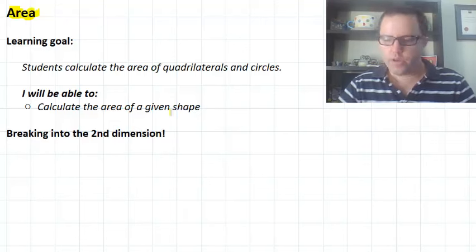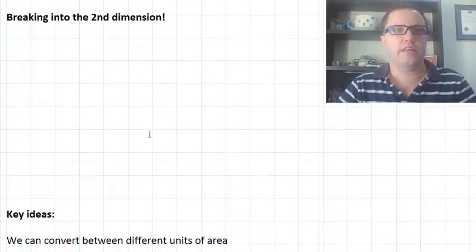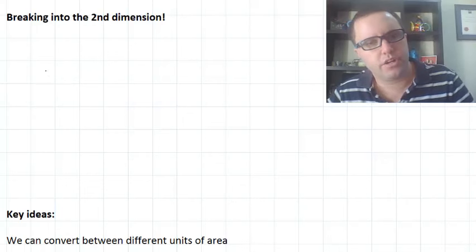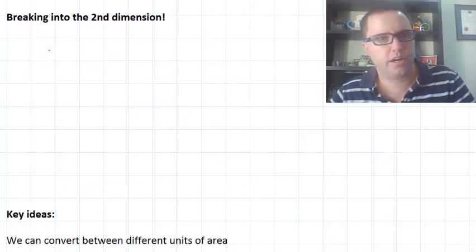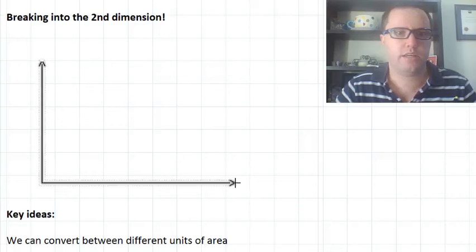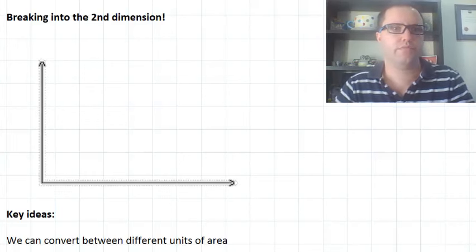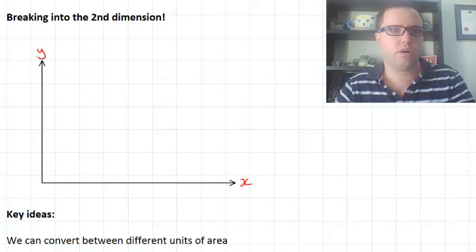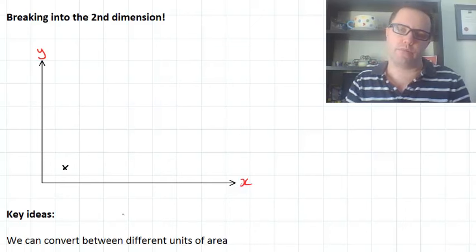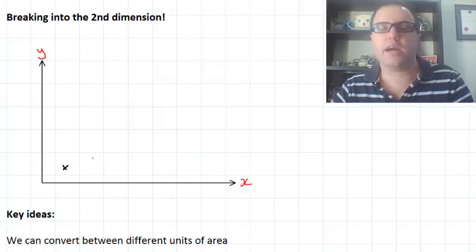Okay, right. So now we're going to be breaking into the second dimension. I want you to picture for a moment a Cartesian plane. Here's our x-axis and here's our y. We've got this idea of a point being 0 dimensions, because you can stand on it, you can't go anywhere.